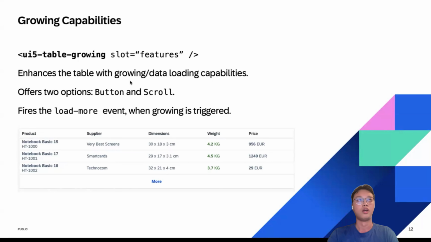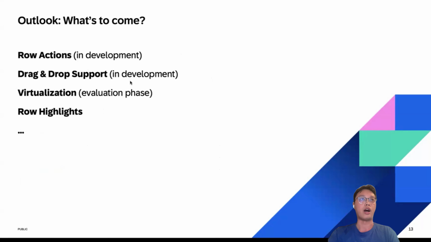Let's get into a quick outlook of what's to come. There are currently two features in development. We are currently looking into developing row actions and offering them for the table. We are currently developing drag and drop support to drag rows inside of your table around to reorder them, as well as dragging rows from a table into another table or tree, and so on and so forth.